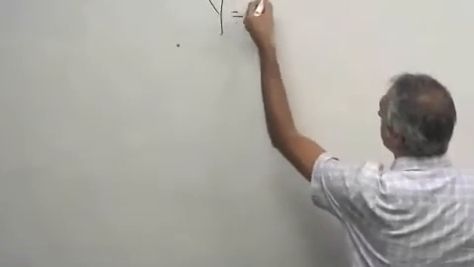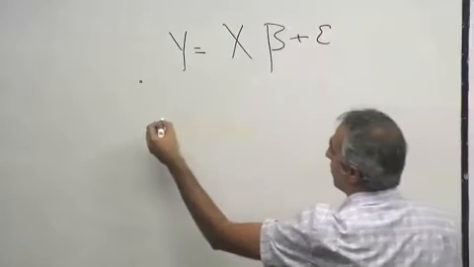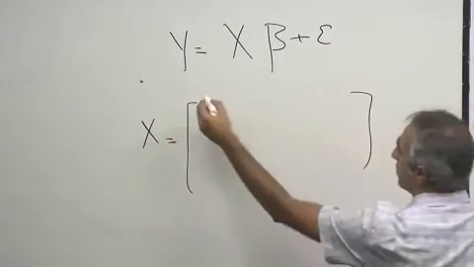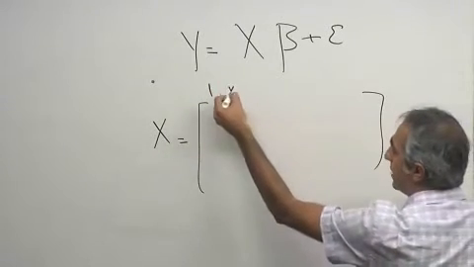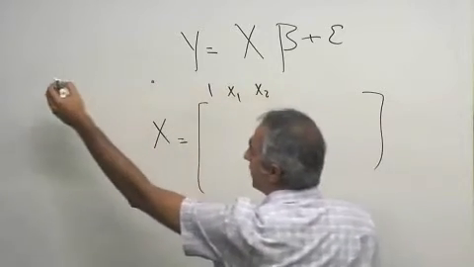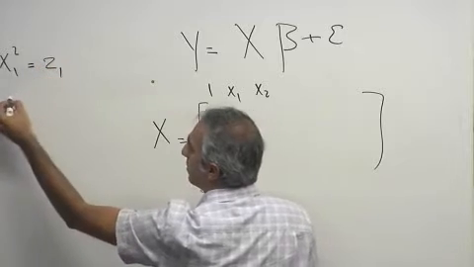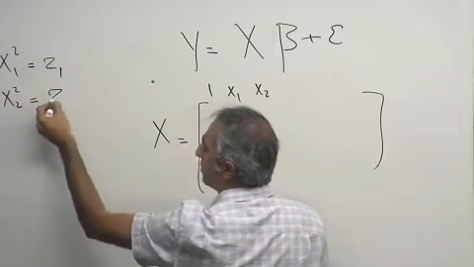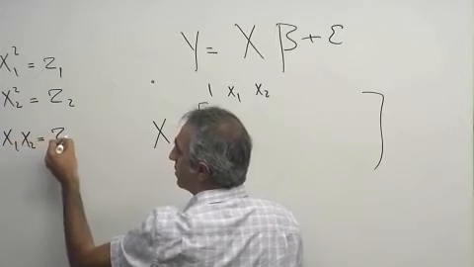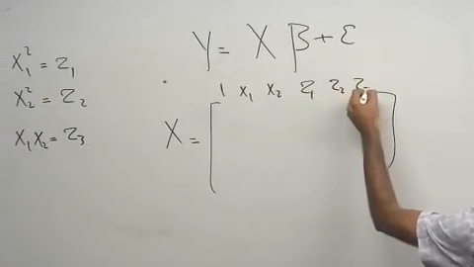I have y, I have matrix X, I have beta, and I have epsilons. So my matrix X would be 1s, x1, x2. I define x1 squared as a new variable, let's call it z1, x2 squared as another variable, z2, and x1 times x2, z3.